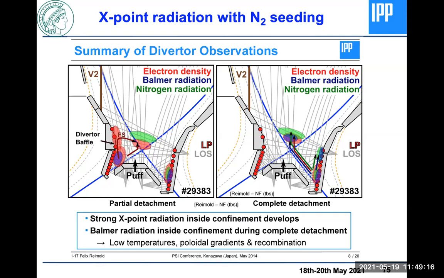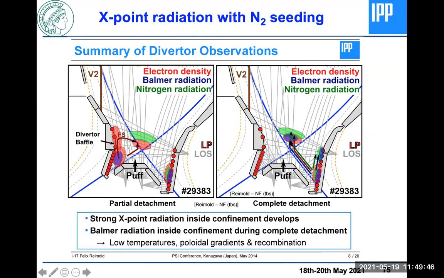Instantaneous ionization does the job, and then it doesn't emit very much light, because for emitting light, you need an electron transition from a higher level to a lower level. If this doesn't happen because you instantaneously ionize, the probability for seeing Balmer light is low. So the fact that you have a lot of Balmer light here is an indication that ionization is occurring in this volume. If this is the case, then this means low temperatures are observed here.